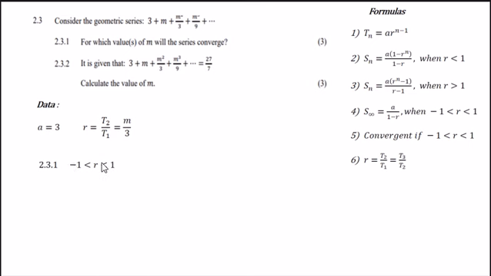To eliminate the denominator 3, we multiply the whole thing by 3. When you multiply -1 by 3, we get -3. When we multiply 1 by 3, we get +3. So this means our series converges when m is between -3 and 3. I hope we are clear on that one.